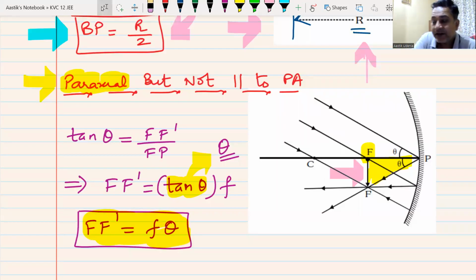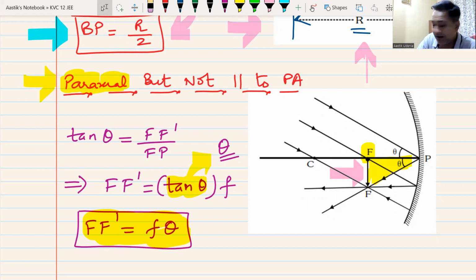See, remember, there is nothing that I have not told you that will help you in solving the question. We have done this, yes or no? Rays which are coming from infinity but not parallel. This question is similar to the one that I just showed you, yes or no?